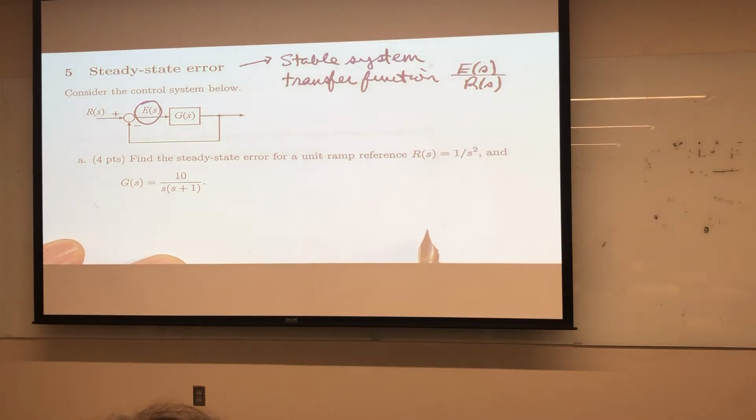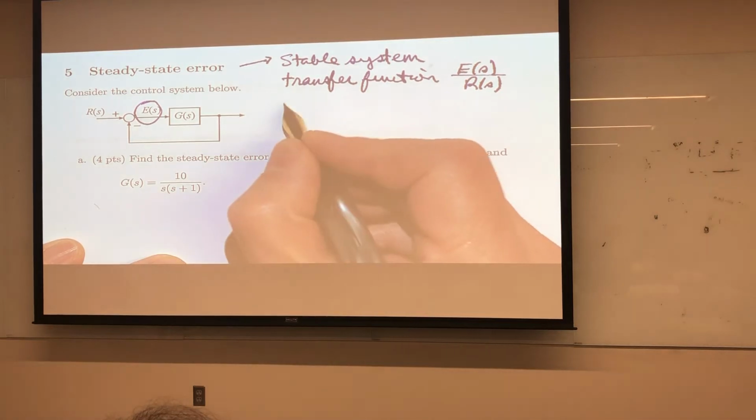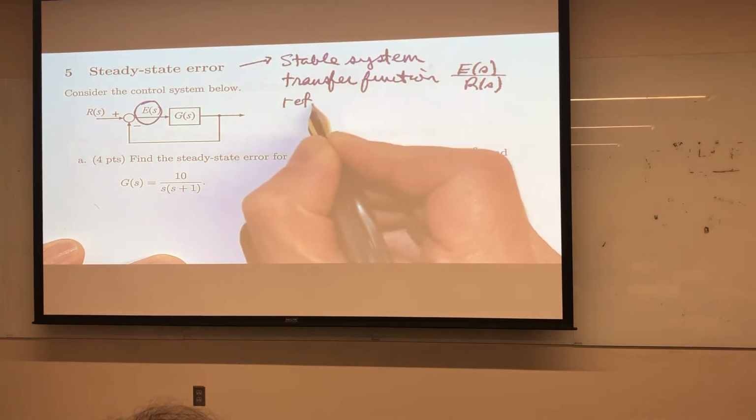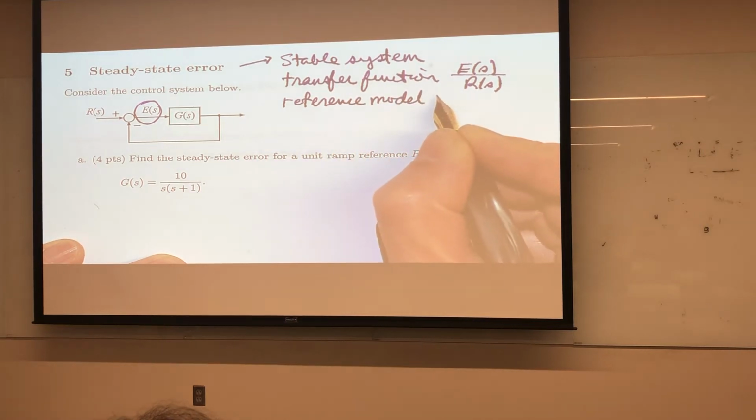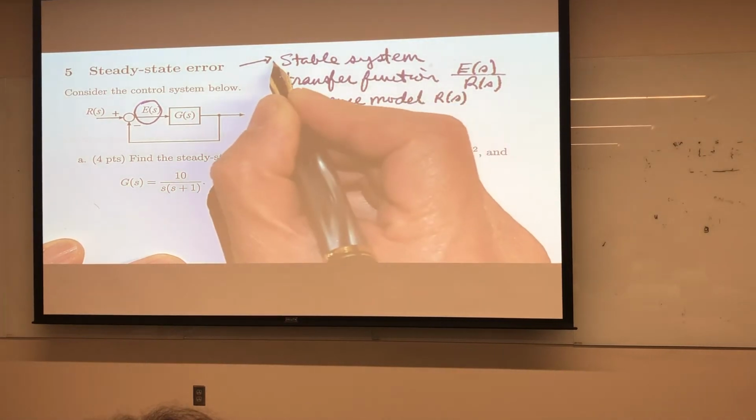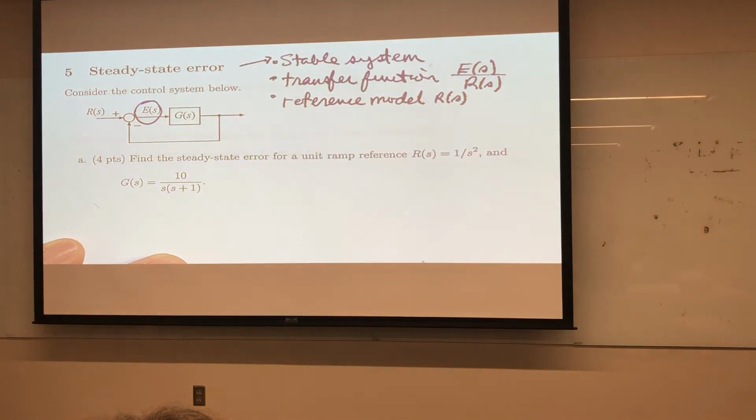And then we also have to know what the models of the input are. We have to understand what to do with that piece of information. And so, for example, in this problem, part A, it says find the error for a unit ramp reference, and I give the ramp reference model, and so that's what this point is here.